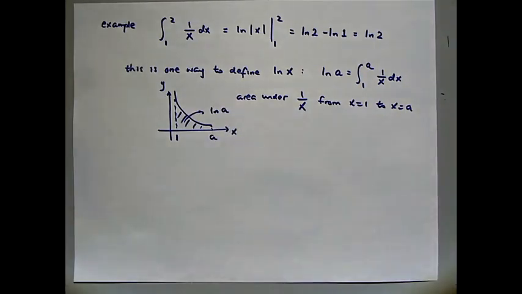Okay? It's one of the oldest ways that natural log was defined. So again, like I said, there are many different ways to define natural log, just like there are many different ways to define the function e.